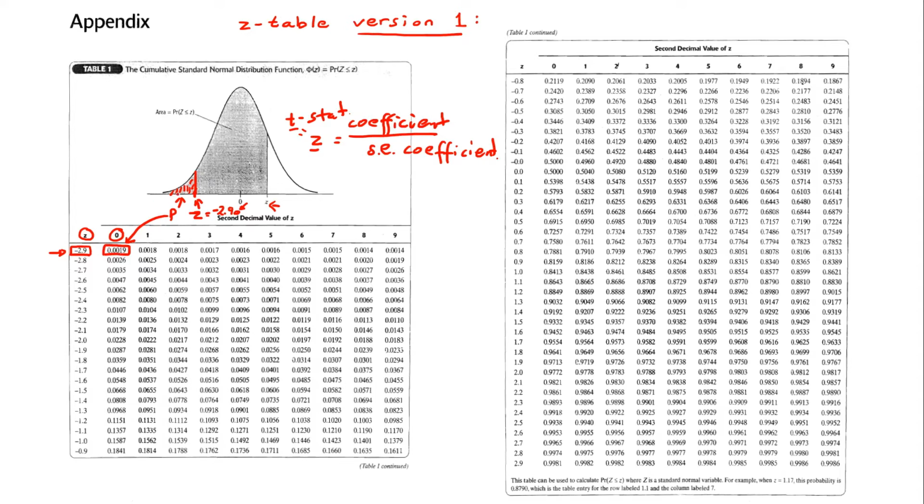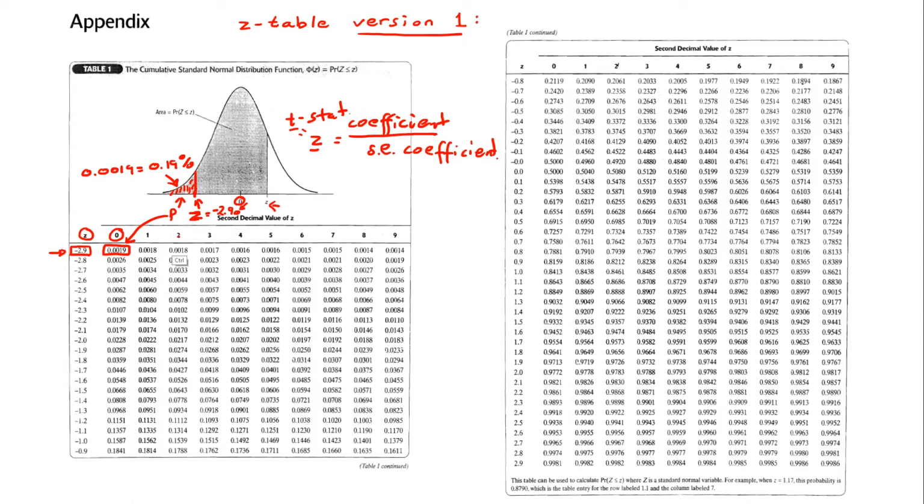So this area here is 0.0019, which is equal to 0.19%. This is how you find the tail probability corresponding to a z number of negative 2.90, that is, 2.90 standard errors away from the mean, which is 0.